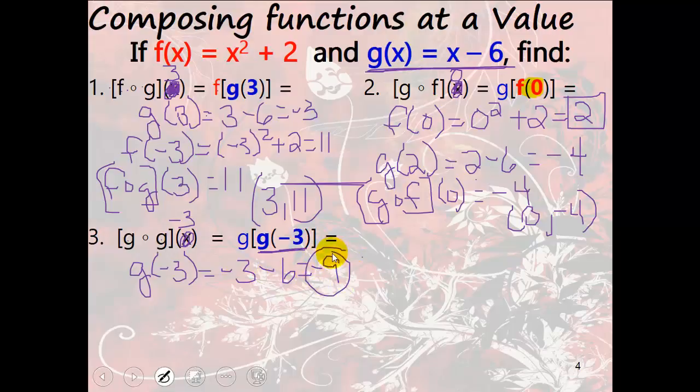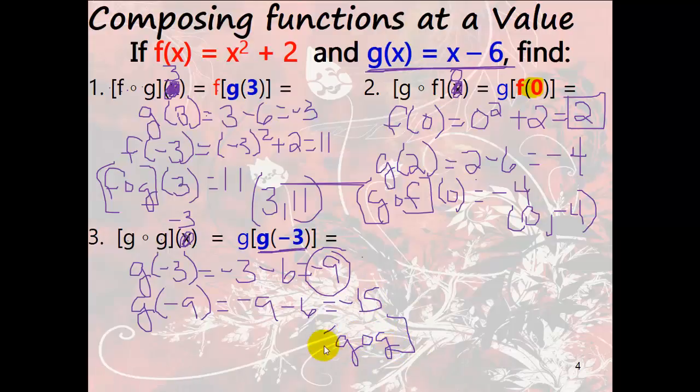Now take this and plug it into g of x again. So g of negative 9 equals negative 9 minus 6 equals negative 15. So g of g of negative 3 is equal to negative 15, and I get the ordered pair negative 3 comma negative 15.